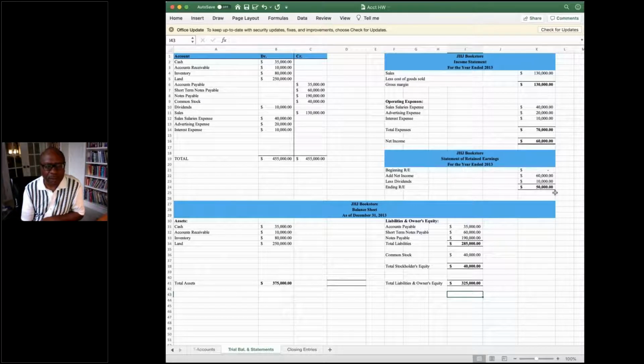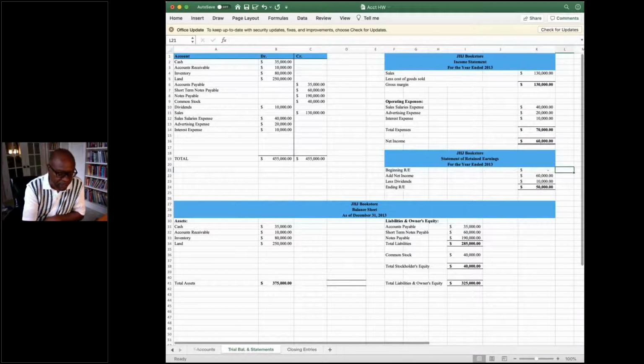Eventually, next year, this number would be $50,000. Wait a minute. Take that back. Next year, the beginning balance would be 50,000.